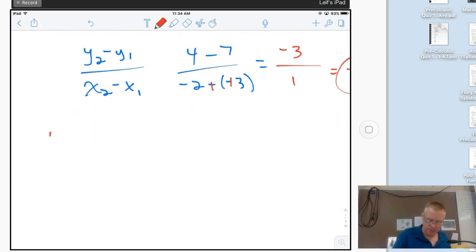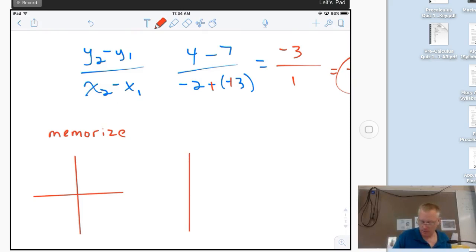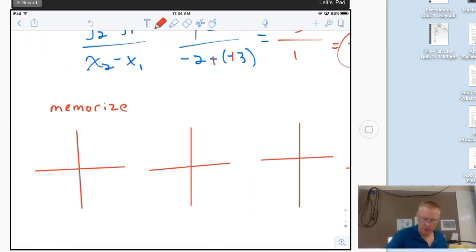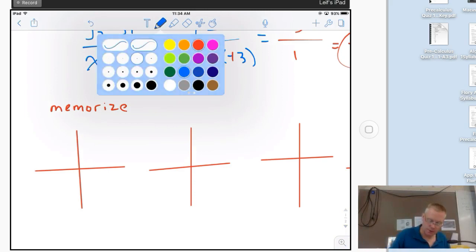You should memorize the 4 types of slopes listed here if you do not already have them. If I have a graph, the 4 different kinds of slope are these.